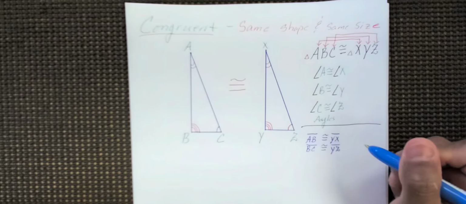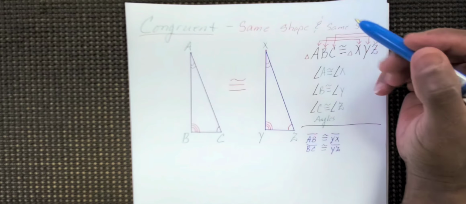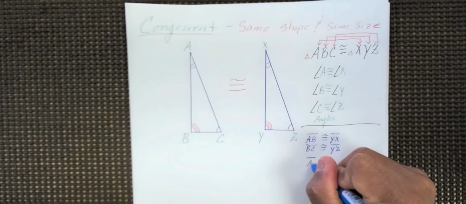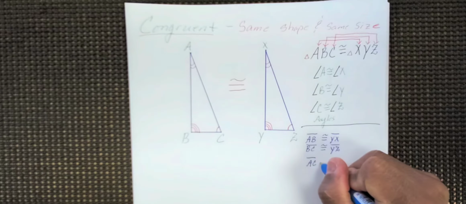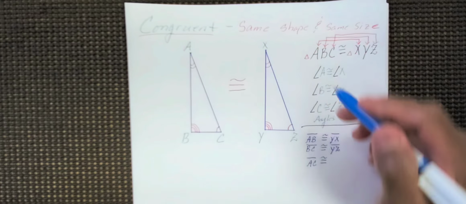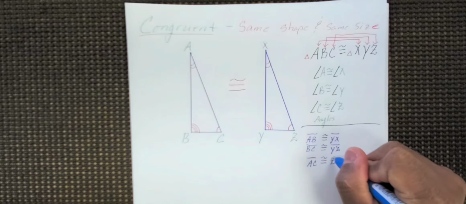Keeping the Y first. And then here, line segment AC is congruent to line segment XZ, but I'm going to put ZX.